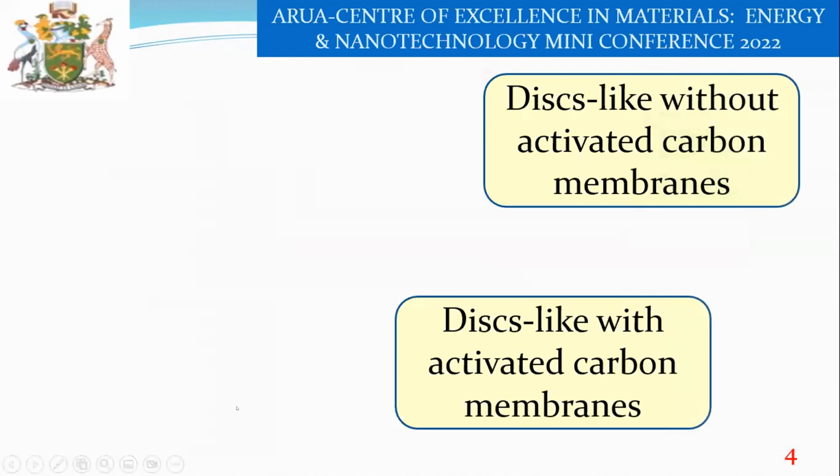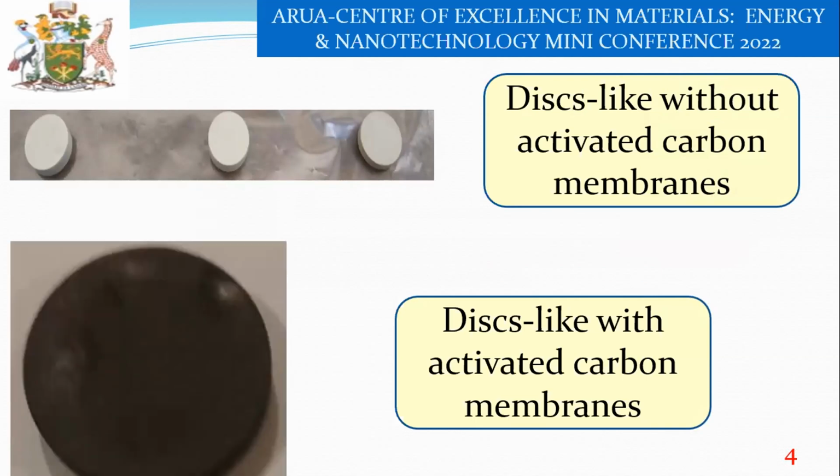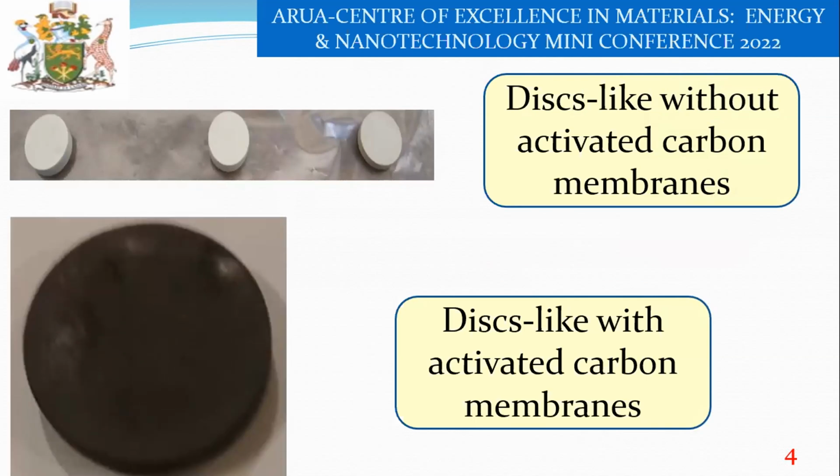We also improved the discs by firing them at different firing temperatures, and then we also carbon activated them using molasses. So today's work, we are basically characterizing, using identified models, how the strength and porosity of these materials play in filtration.